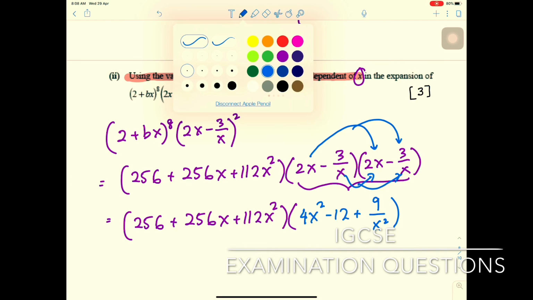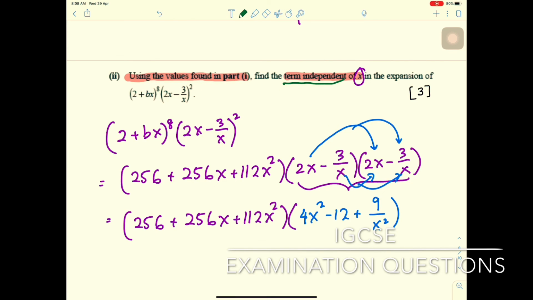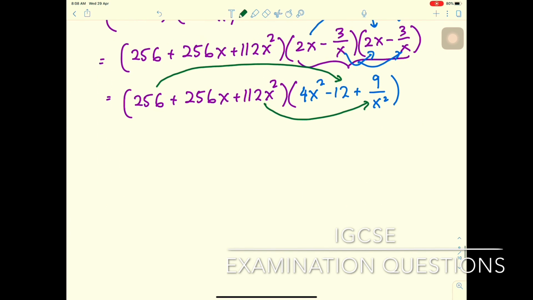Now we are going to find the terms independent of x. For independent terms, you expand with no variable of x. Only two terms give this.